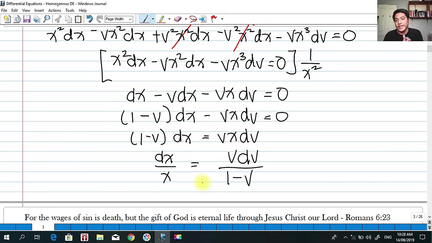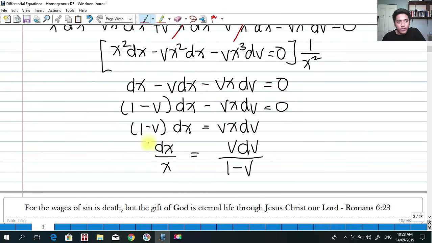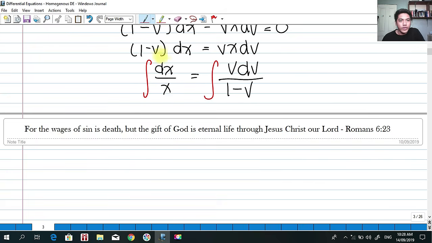If you are able to arrange a variable separable equation into its corresponding dx and dv, we have to integrate. Upon integration, we know that the integral of dx over x is ln of x, equal now to, how do we integrate this?